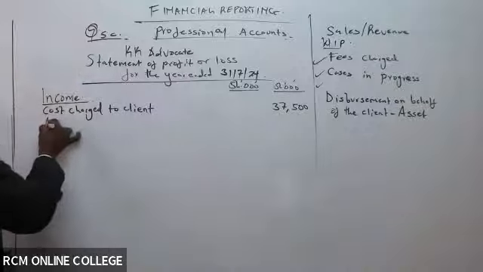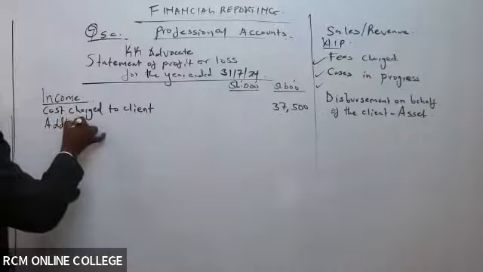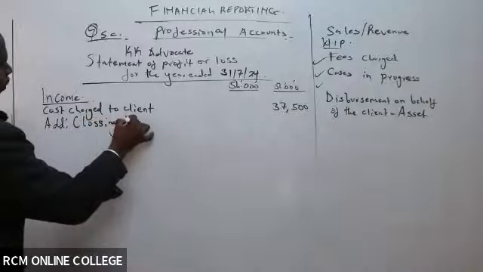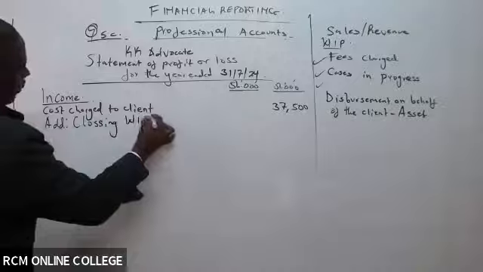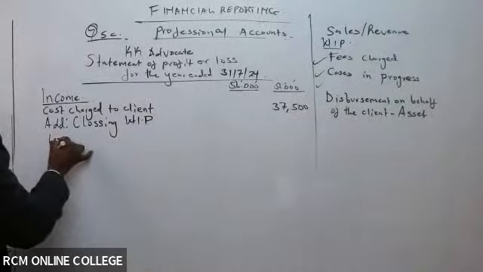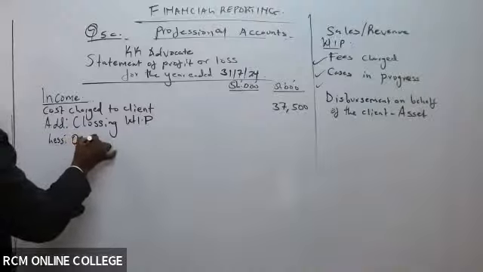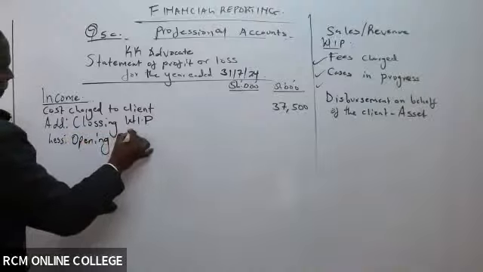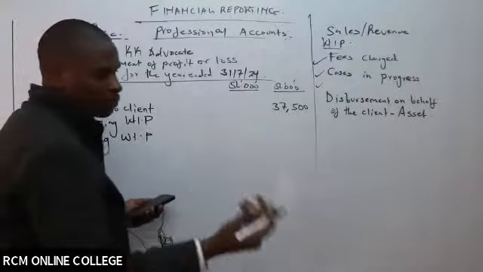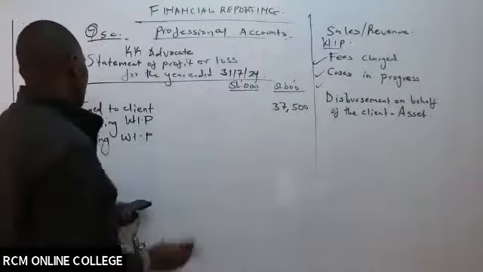Always remember that we usually add closing WIP. Here in income, you add closing WIP, and deduct opening WIP. Sometimes the examiner will call it cases in progress.